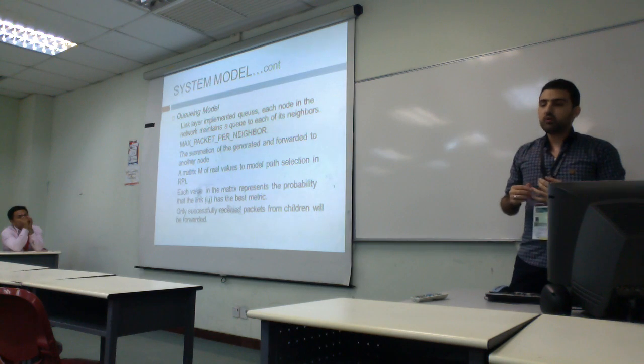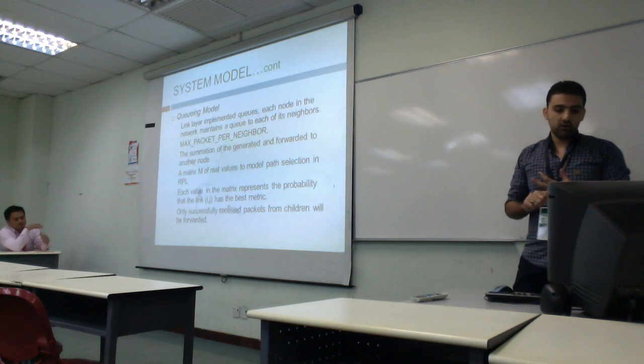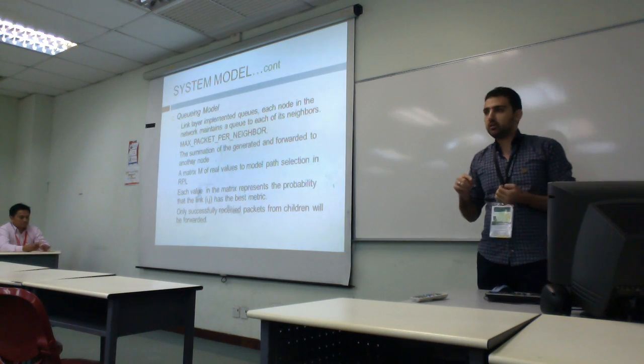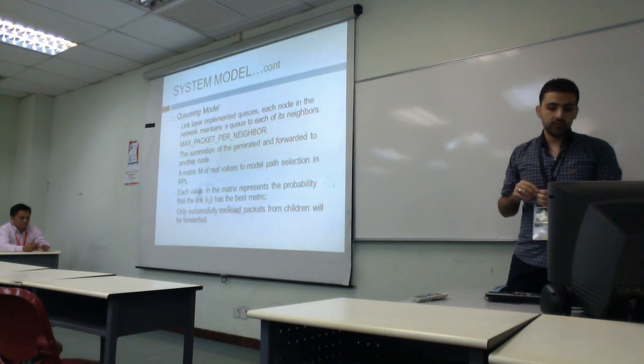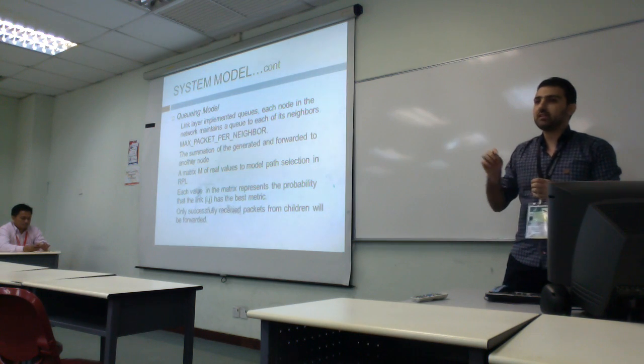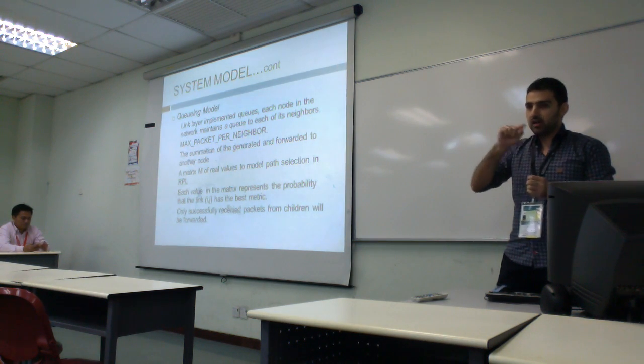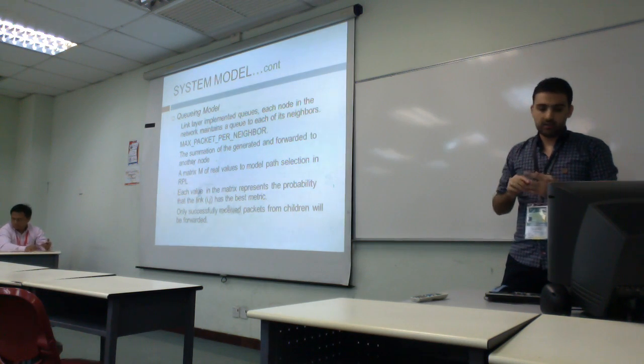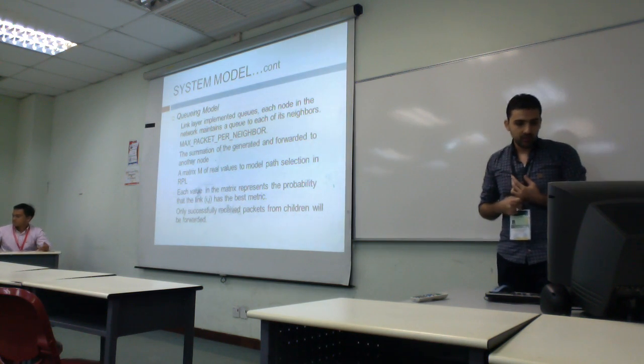Then we will use a matrix of real values to model the path selection in RPL. Each value of M, let's say M_ij, will represent the probability that this link ij has the best value of metric.